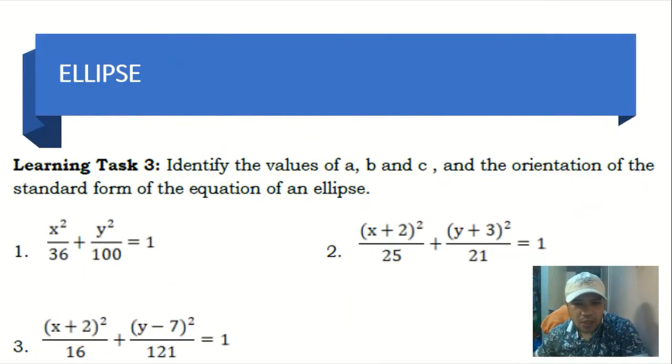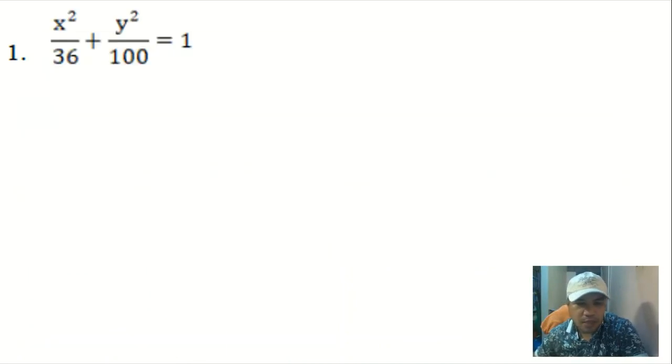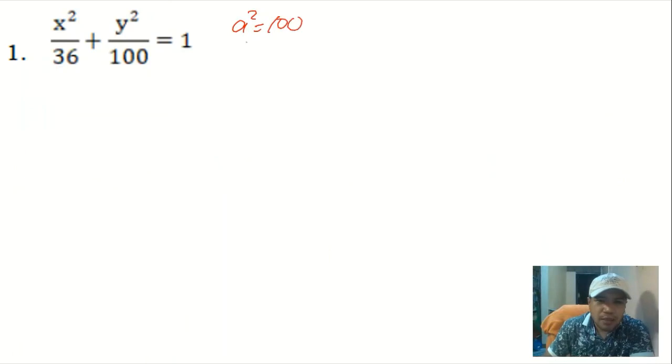Okay, so in this part, we will try to identify the values of A, B, and C, and the orientation of the ellipse. So number 1, A squared is equal to 100. B squared is equal to 36. Therefore, A is equal to 10, B is equal to 6.